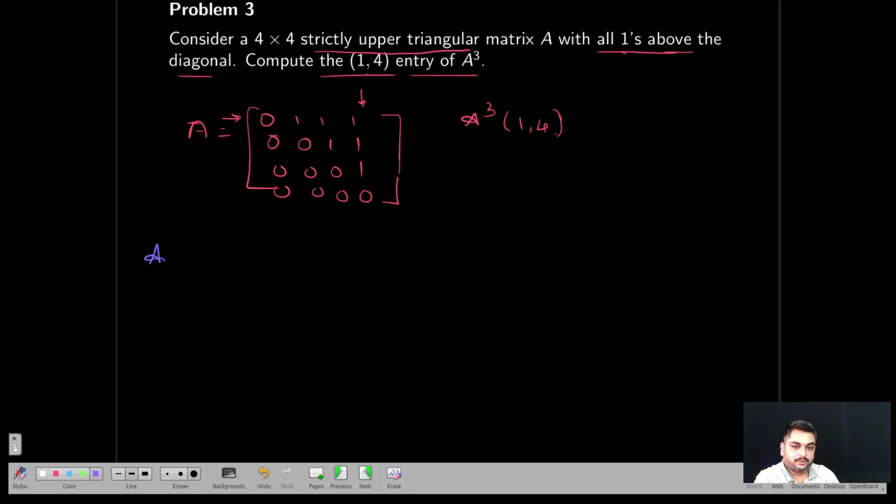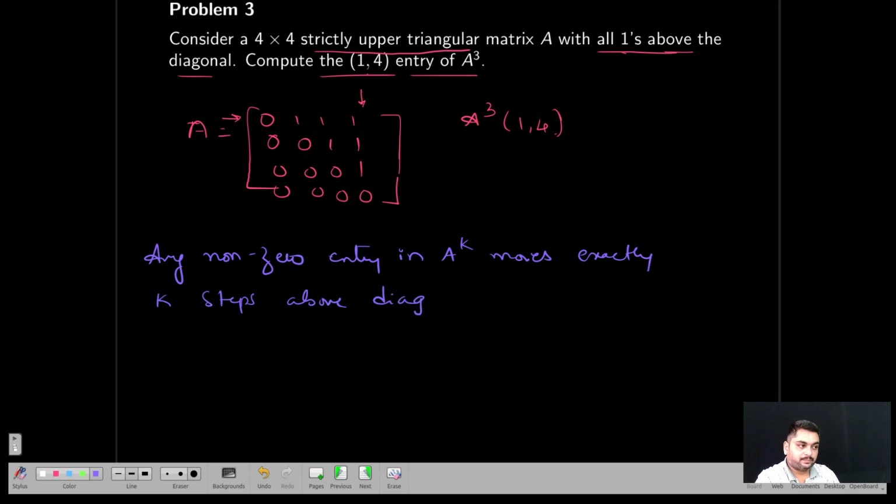It says any non-zero entry in A power k, where k is 3 here, moves exactly k steps above the diagonal from A. That means if I take the product k times, the element I am choosing moves exactly k steps above the diagonal.